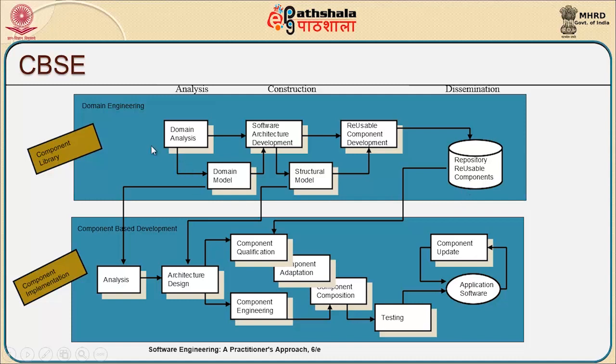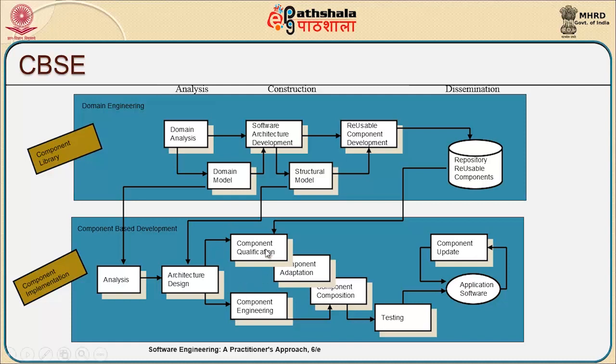If you look at conventional domain engineering, it will have domain analysis, software architecture development, reusable component development and a repository of reusable components. So it has a conventional flow where analysis, design, implementation, testing and deployment are done in a sequential fashion, whereas with the component based development model we have the same sequential format, but these components, which have appropriate qualification, can be used as reusable components at later instances.